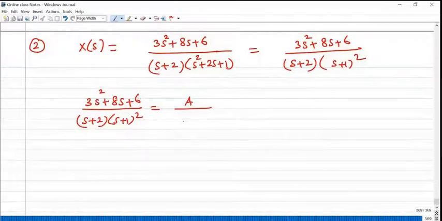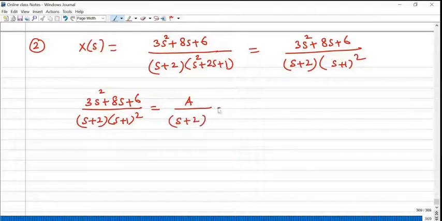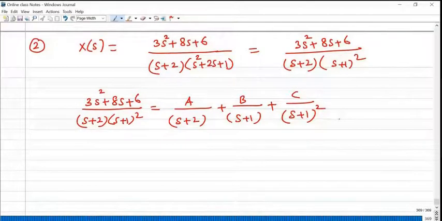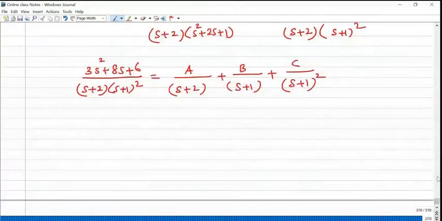A / (s + 2) + B / (s + 1) + C / (s + 1) whole square. If a cube is there, then D / (s + 1) cube. Suppose as² + bs + c is there, then how to factorize? One problem I'll give you, on how to solve those kinds of problems. This is the factorization method.